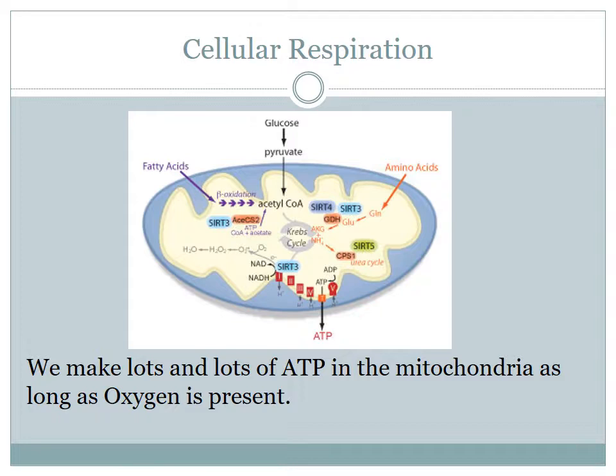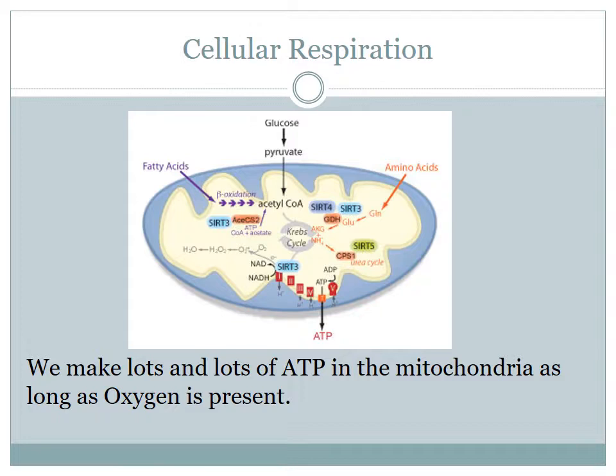So you have 2 pyruvate produced. Net 2 ADP go in and 2 ATP come out. You also have 2 NAD plus go in and 2 NADH come out. So that's the whole of step 1, glycolysis.